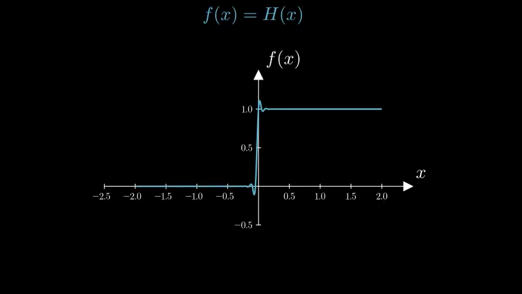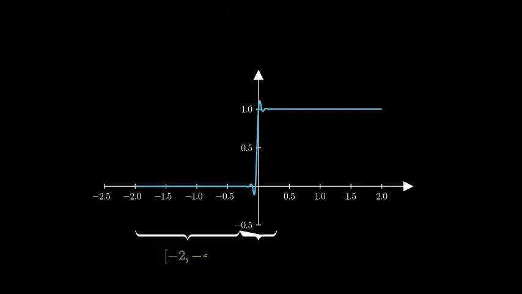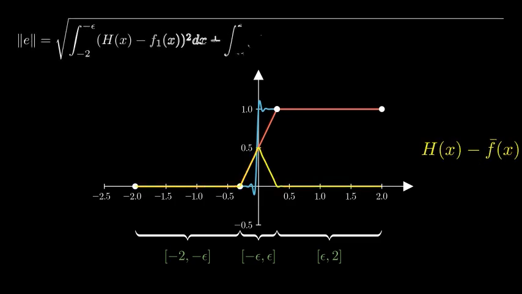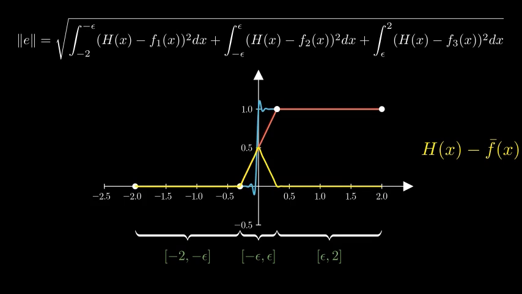So what we do, we take the Heaviside function as before, and now we divide the domain into 3 parts. First will be from minus 2 to minus epsilon, then minus epsilon to epsilon, and then epsilon to 2. And we just do a linear fit. We just use 3 linear basis functions in 3 different parts. And then if we plot the error profile, we'll see the error is 0 in the first domain, non-zero in the second, and 0 again in the third domain.